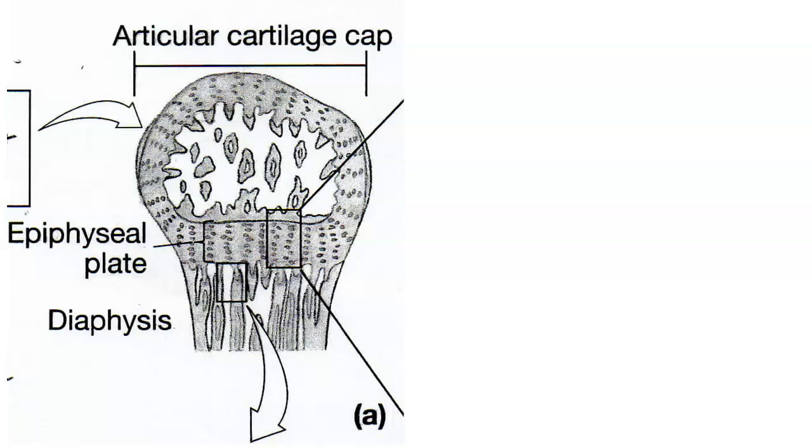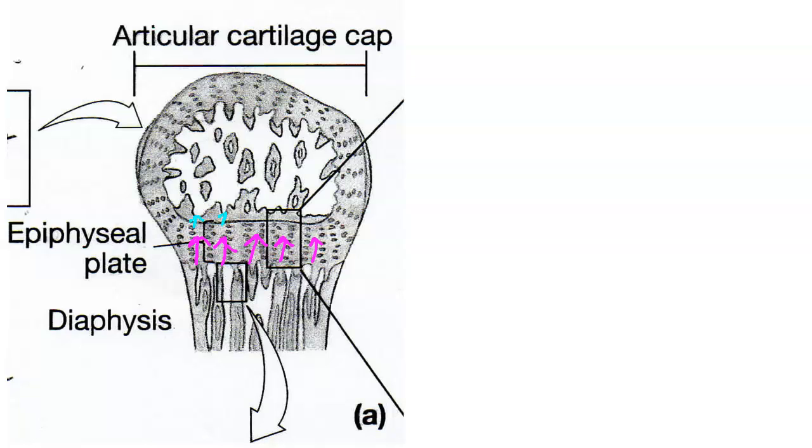Eventually, hormones at the time of puberty, growth hormone and sex hormones, stimulate bone growth, and so bone starts to grow more rapidly. It rapidly invades the epiphyseal plate, more rapidly than it did before, and at the same time, the cartilage growth starts to slow down.